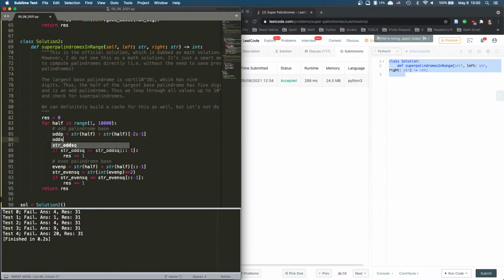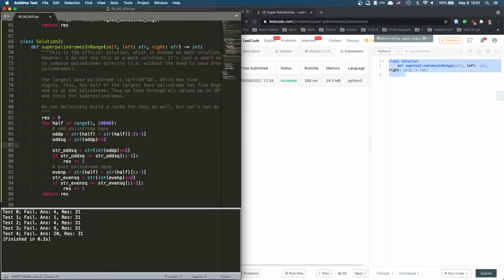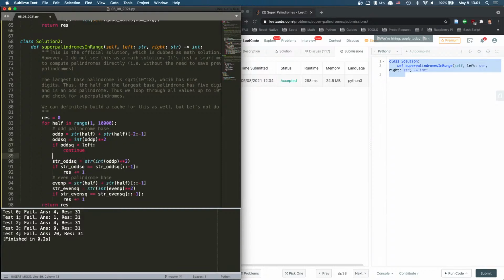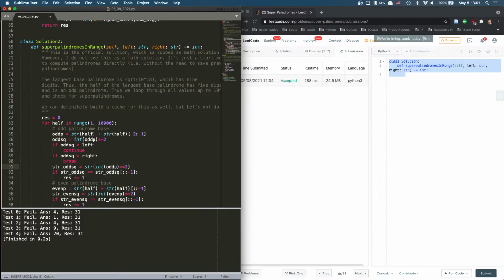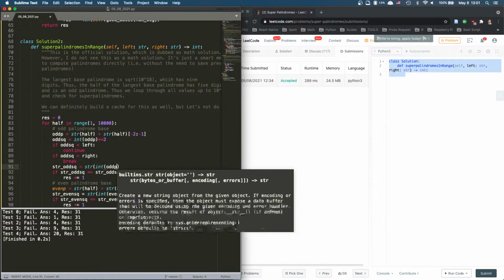So we have to do odd square equals int odd p this, right? And we say if odd square is smaller than left, I'm gonna continue. If odd square is larger than right, I'm gonna break. And then we do our regular business.